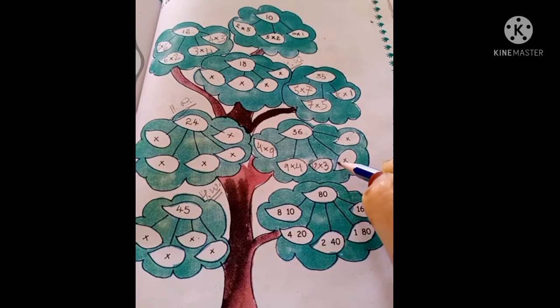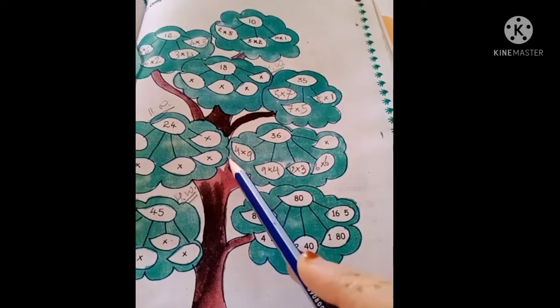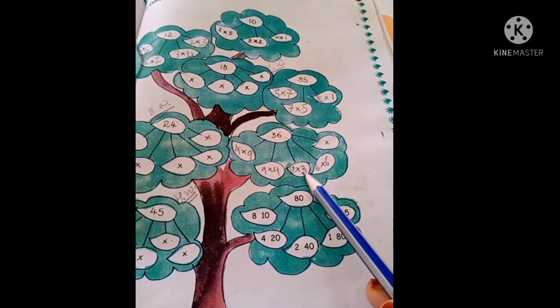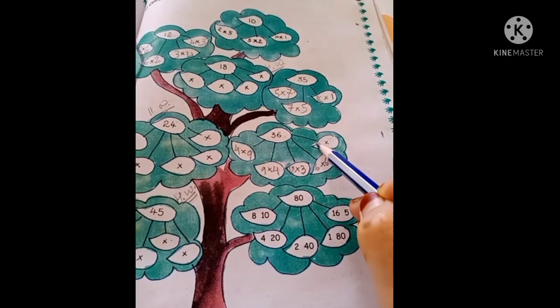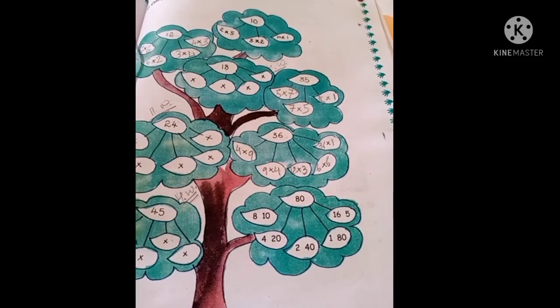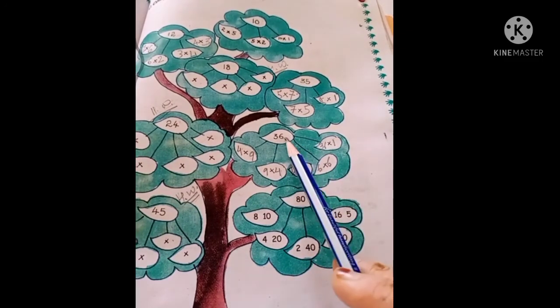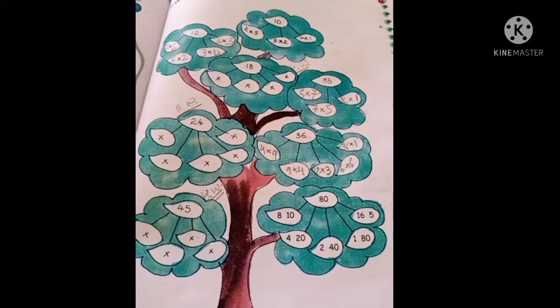Yes or no? Then 6 6s are 36, 4 9s are 36, 9 4s are 36, 12 3s are 36. Likewise, 3 12s we can also write, and 36 ones are also 36. So here you can complete the multiplication tree for the number 36. Is that clear to everyone?